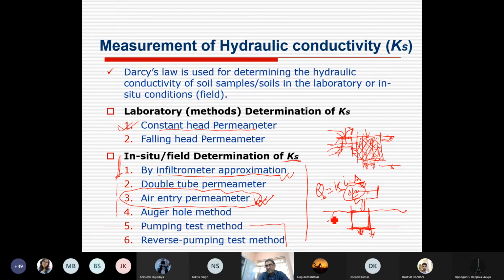Since it is under soil, in field condition, this space does not have atmospheric pressure. Remember, above the ground we have atmospheric pressure, but below the ground it is not atmospheric pressure.